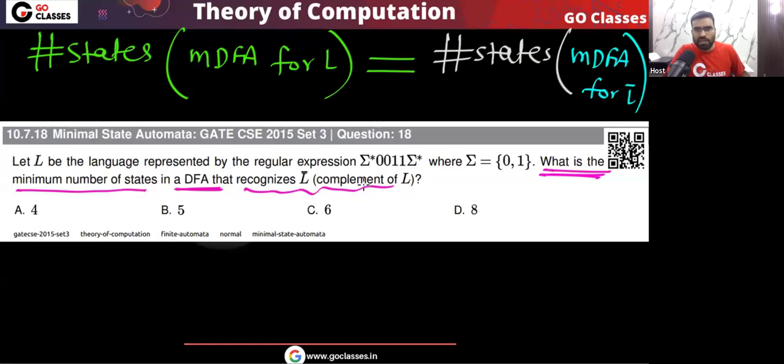So what you can do is find the number of states in the minimal DFA for L. That will be your answer, because for whatever regular language L you take, L and L complement will always have the same number of states in the minimal DFA.